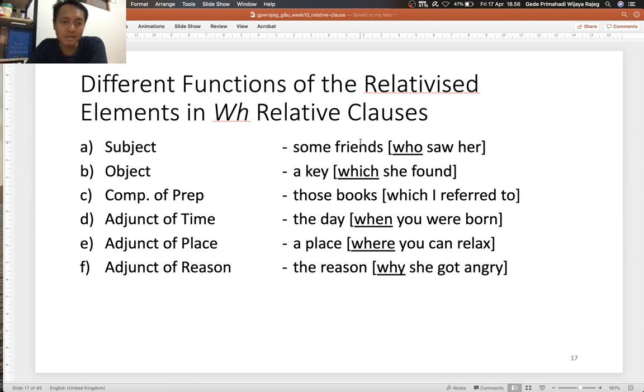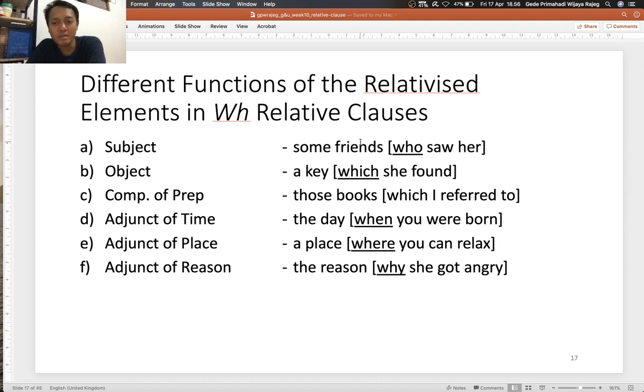Next, the relativized element can be an object, like a key which she found. Which here is anaphorically related to key, but the standard declarative sentence for this one is she found a key. A key is an object, but it is now modified by a relative clause, a key which she found.